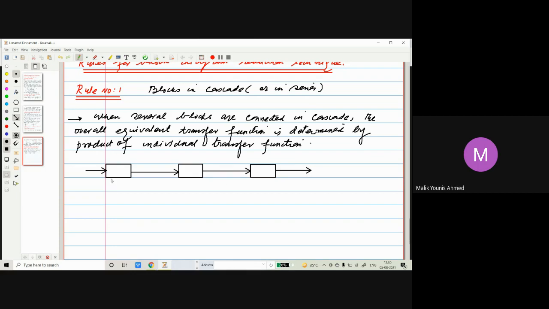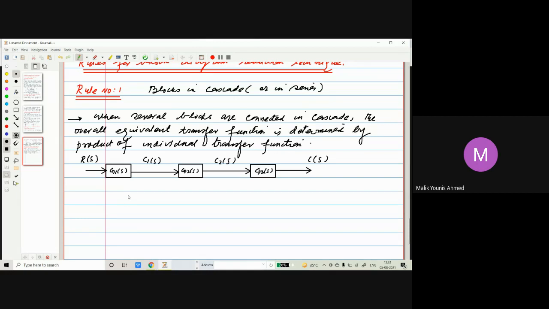So these are in cascade, one by one, they are in series. Now let's say this is an input signal R of S. This is the first output C1 of S. This is the second output C2 of S. This is the overall output C of S. Now this is a transfer function G1 of S. This is the second transfer function G2 of S. Then this is the third transfer function G3 of S. Cascade means they are connected in series. This is a series connection very clearly.